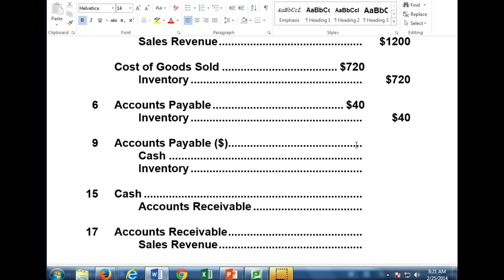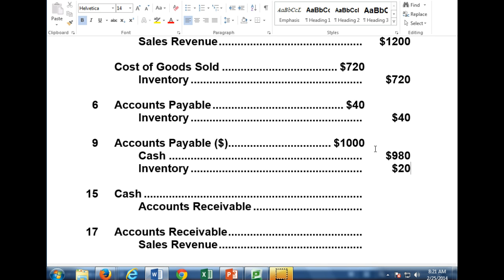So June 9th, I'm just seeing where I'm at here. So this is 1,000, guys. And what's our cash? 980. And our inventory gets reduced 20. Does that sound right?